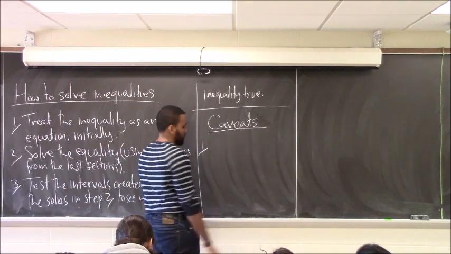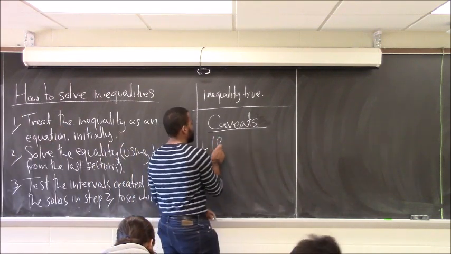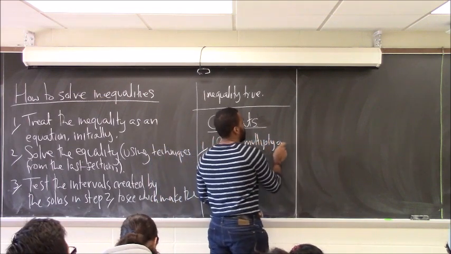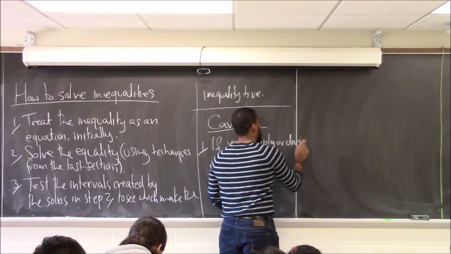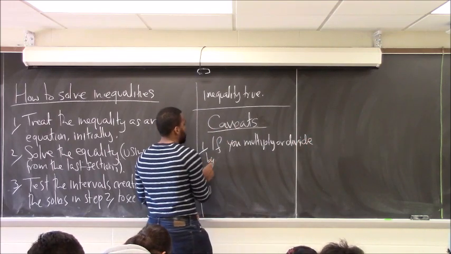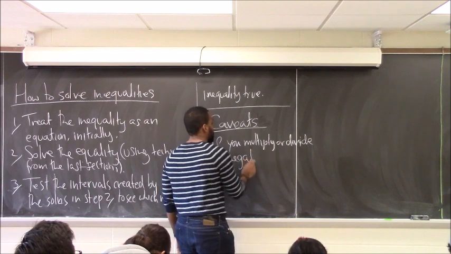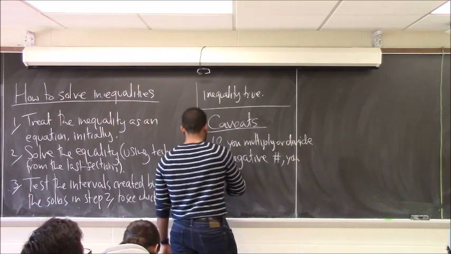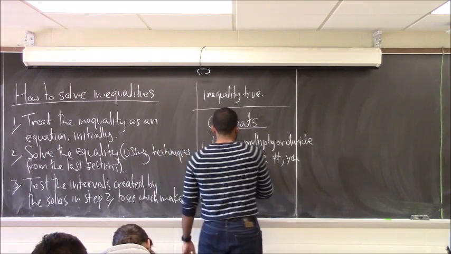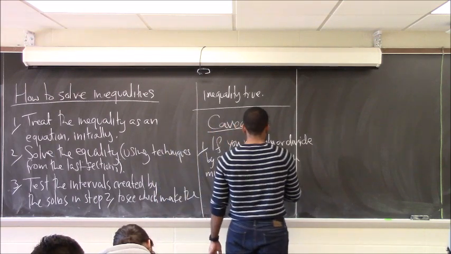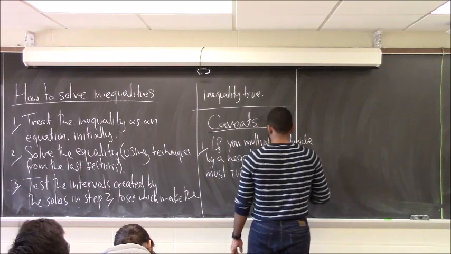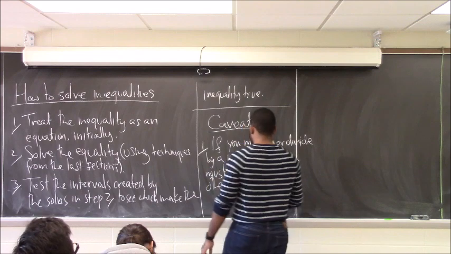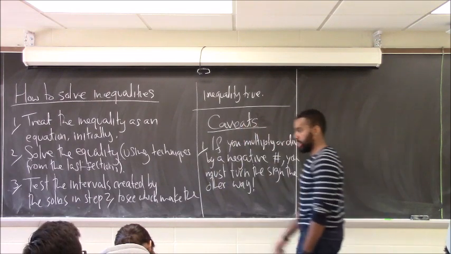One important caveat is, as was mentioned, if you multiply or divide by a negative quantity, you must turn the sign the other way. That's one very important thing you need to remember.